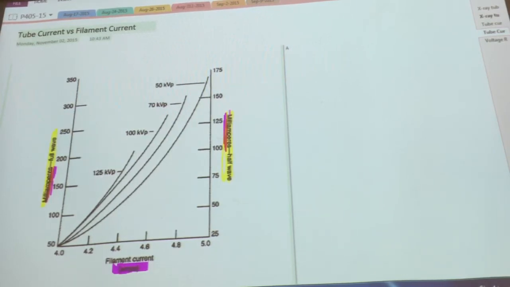The name says it all. In the filament. So the filament, that's that little wire that runs in front of the cathode that's producing the electrons that are being accelerated. And we haven't even got to the photons yet. We're just getting the electrons accelerated here.